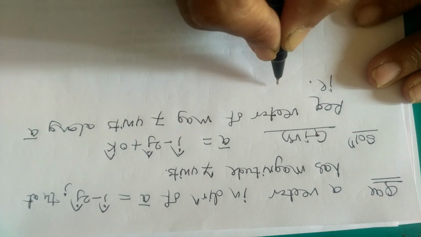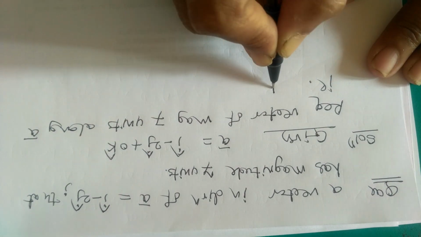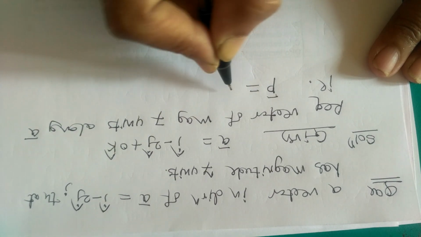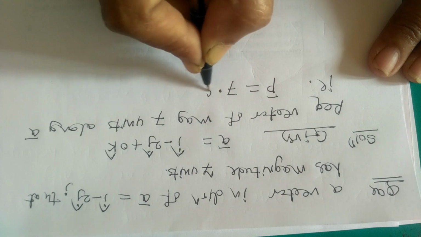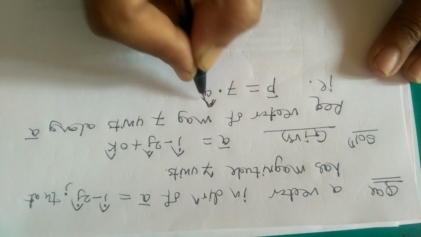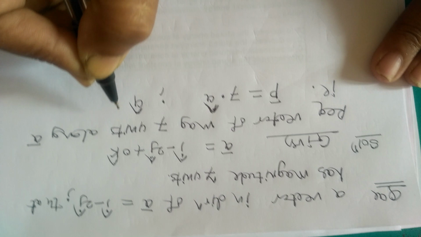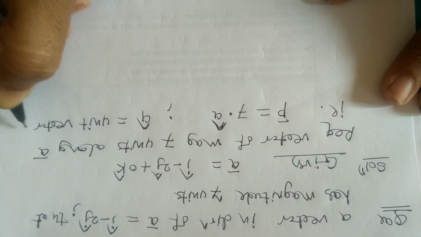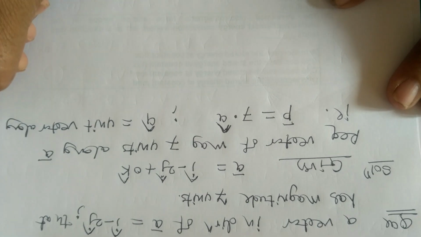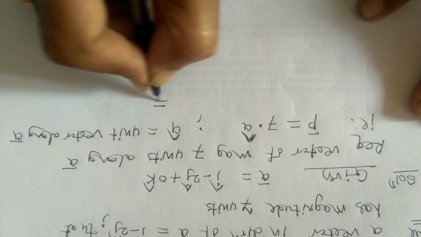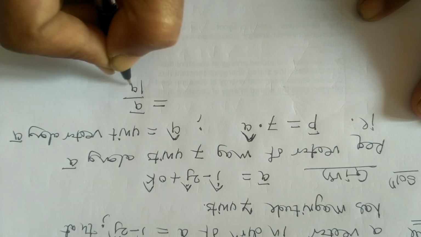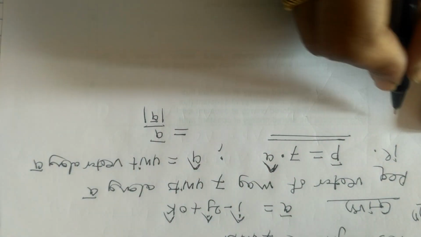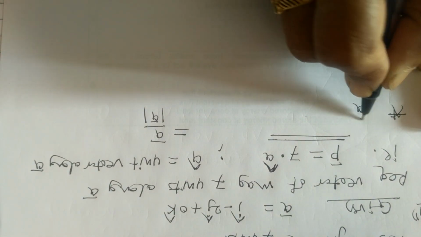Suppose we find the required vector is p bar, which is nothing but 7 times a cap. This is our answer. We take a cap as the unit vector along a bar. Now this a cap is equal to a bar upon its magnitude, and the required vector has magnitude 7 units. So we first find a cap.